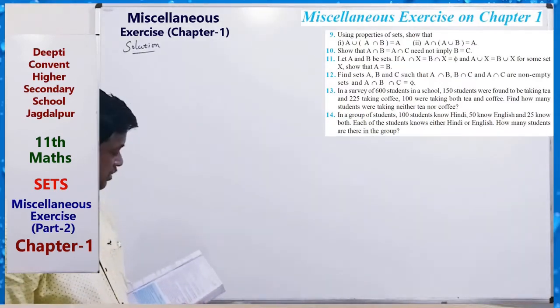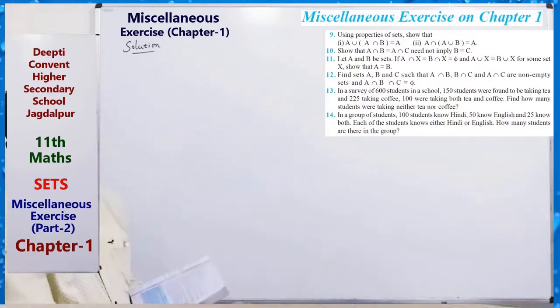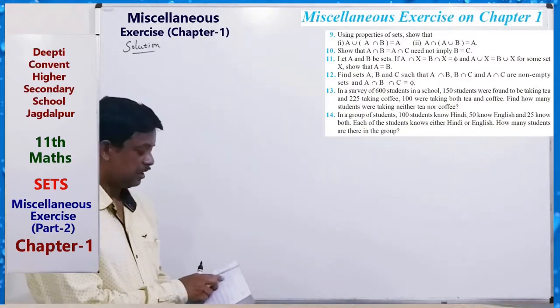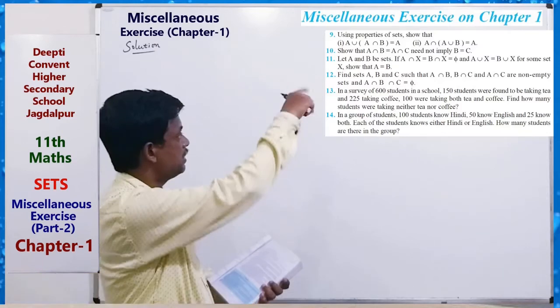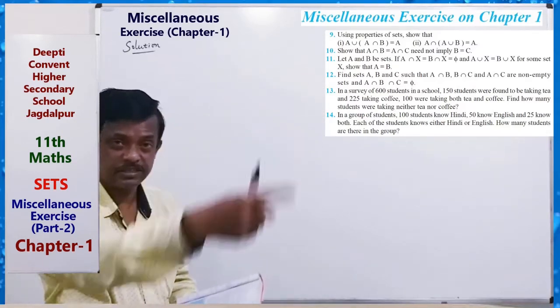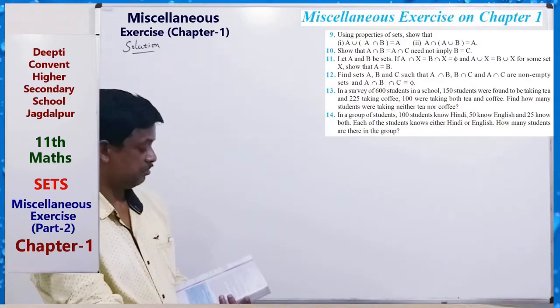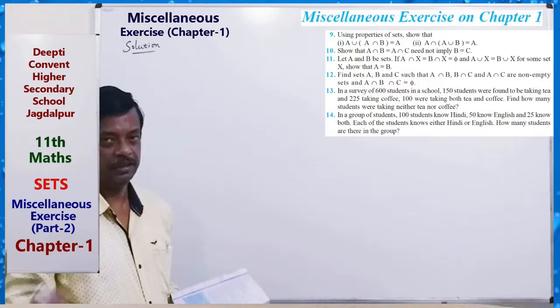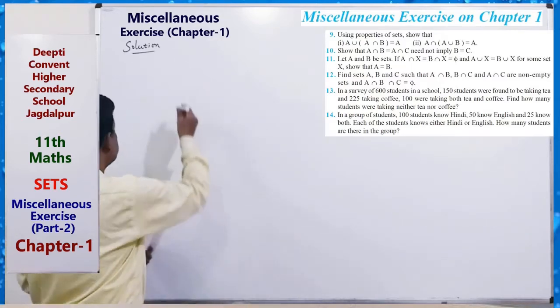So just consider A, B, C satisfying A intersection B equals A intersection C, and we see that B is not equal to C. So solution 10.